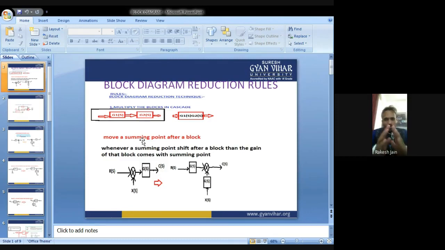If we wish to move that summing point, which was present before, to just after the block, then we have to put that gain with that summing point also. Here in this diagram, G(s) is the gain of that block after which we want to put that summing junction. So when we put that summing junction after the block, G(s) is also included with the X(s).